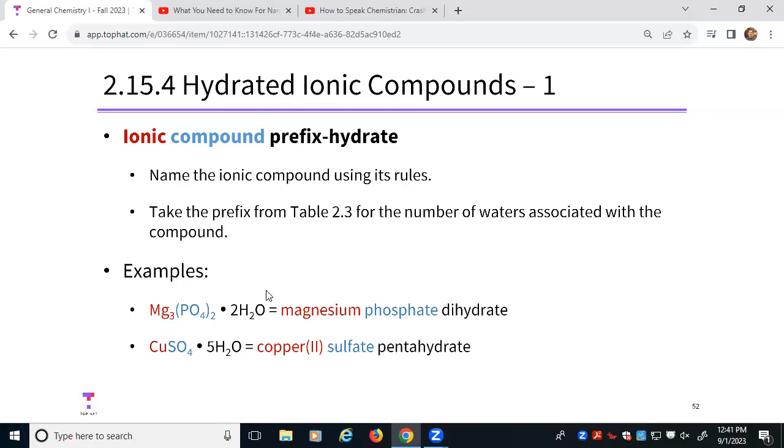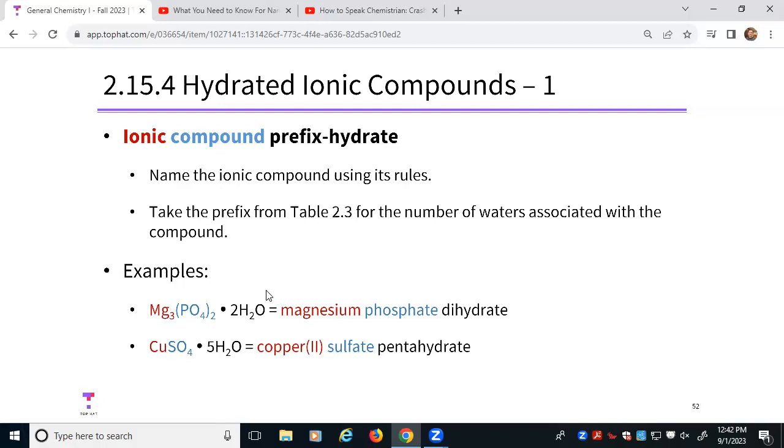The naming for hydrates just has to do with taking that ionic compound name and adding an additional sidecar telling you how many waters are attached to it. The water is hydrate, and the prefix on it is the number of waters.